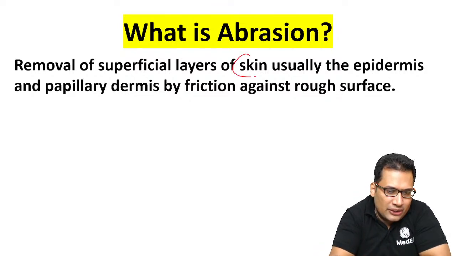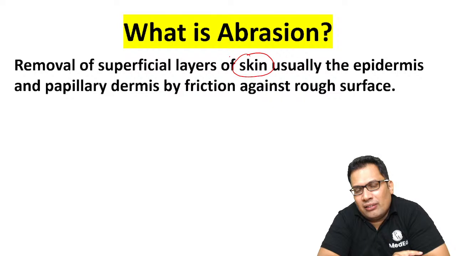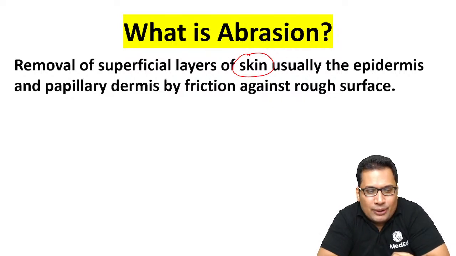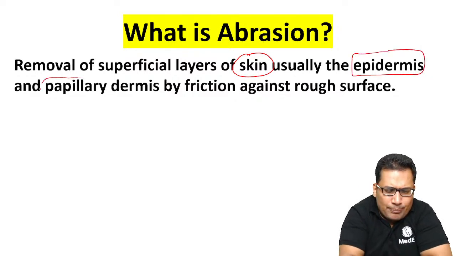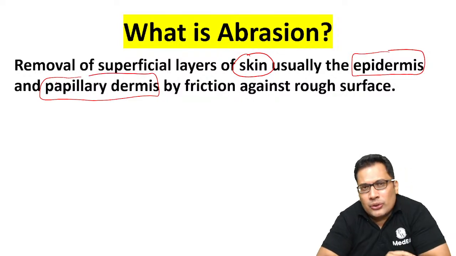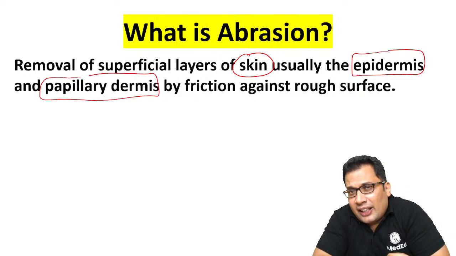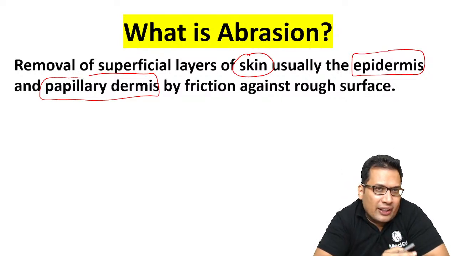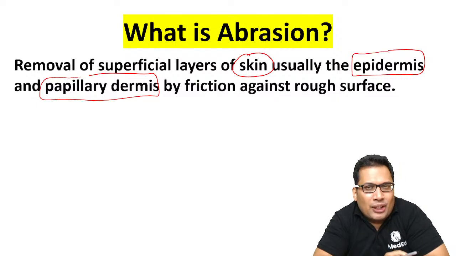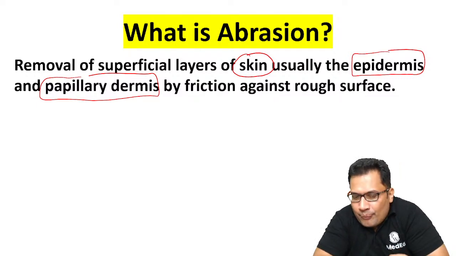The skin has layers: epidermis, papillary dermis and reticular dermis. In most abrasions there will be damage to the epidermis or some part of the papillary dermis. But remember, the funda is that it can regenerate. Any injury which can regenerate is usually an abrasion, which is why it is a simple injury most of the time.